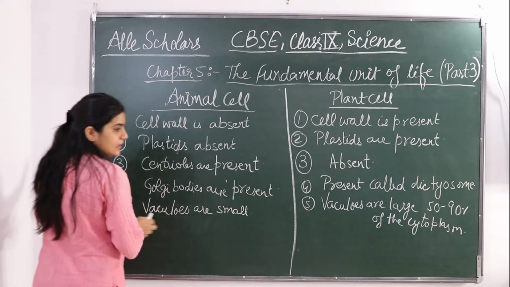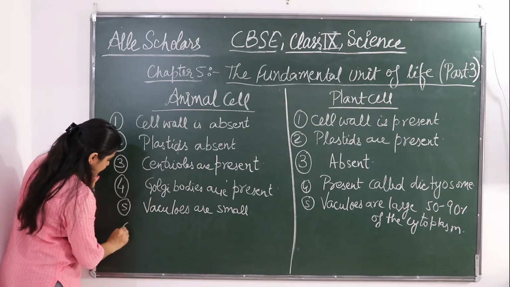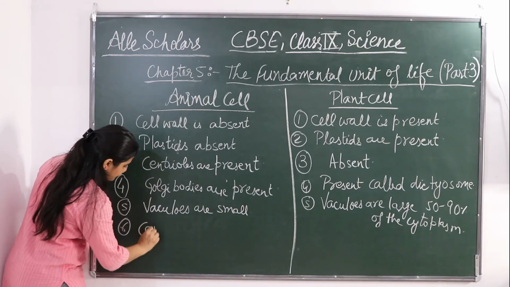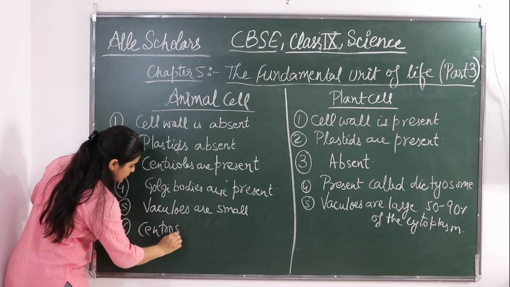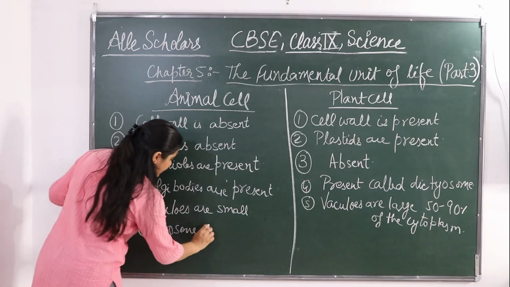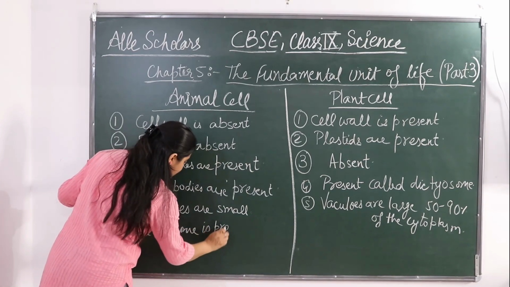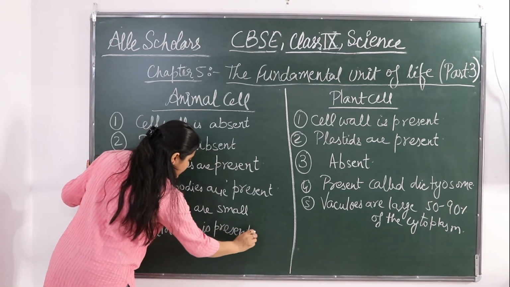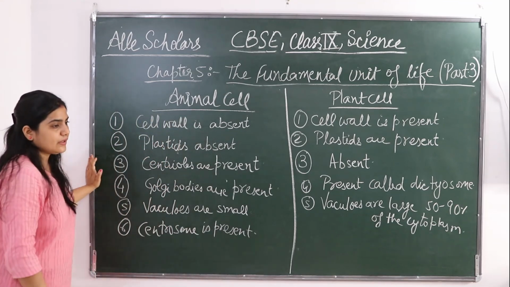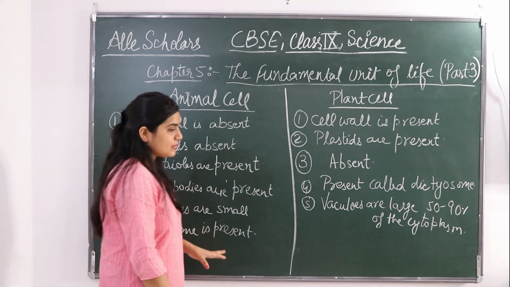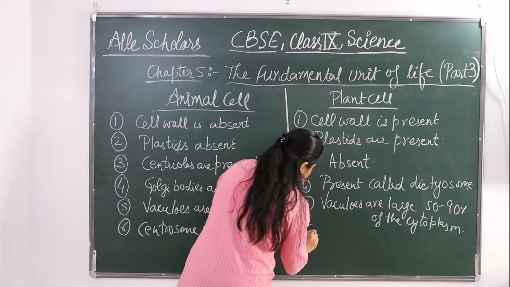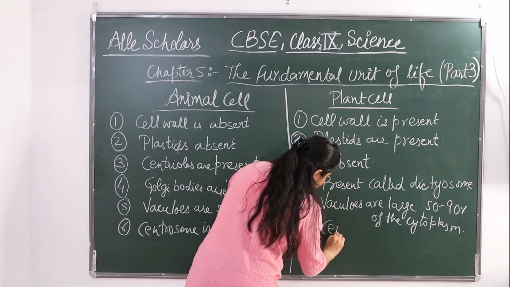Centrosome is present in animal cell, whereas in plant cell it is absent. We have just studied about centrosomes, and there are 2 centrioles. But in plant cell, the centrosomes are absent.